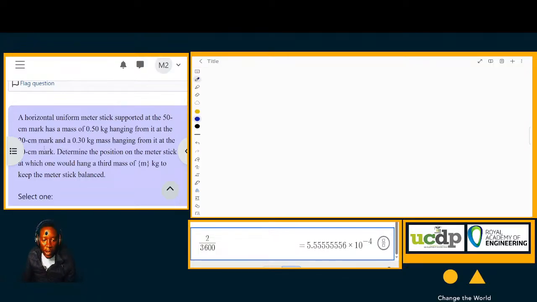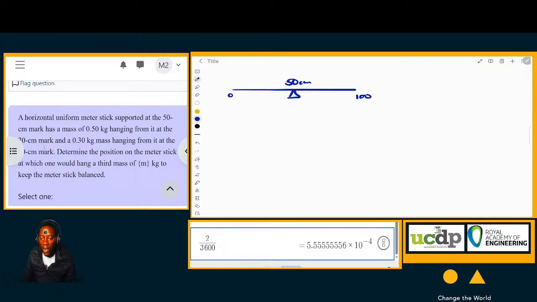Okay, so a horizontal uniform meter stick is supported at the 50 centimeter mark, which is something like this, starting from 0 to 100.